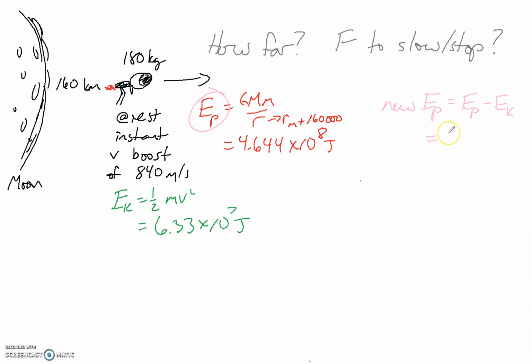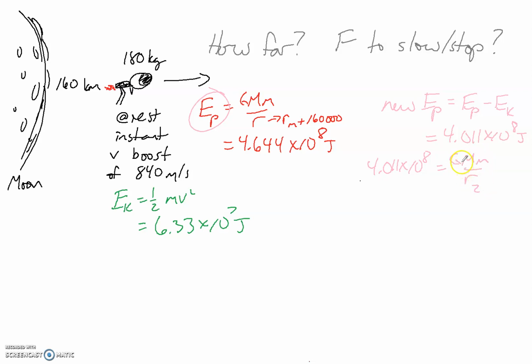So if I subtract the two, I can get my new potential energy, and with some rounding I should end up with like 4.011 times 10 to the 8 joules. Now that I have his new potential energy, I can use that to find out his new radius. So that 4.011 times 10 to the 8 is going to be equal to GMm over, I'll call it radius number 2.